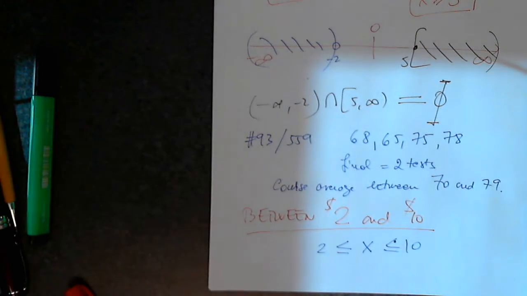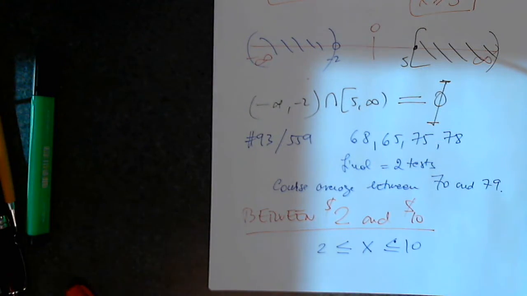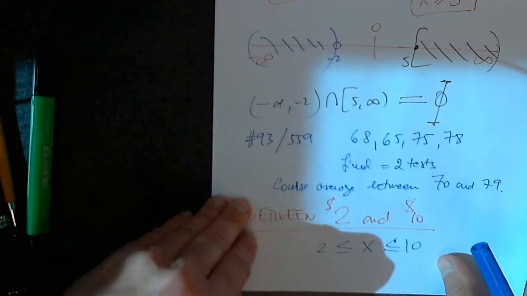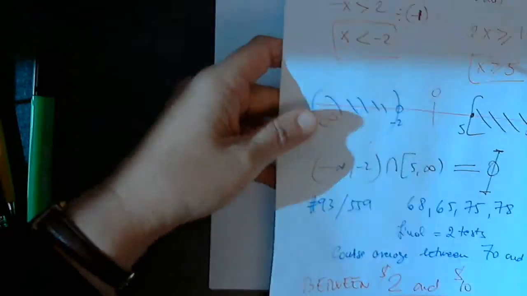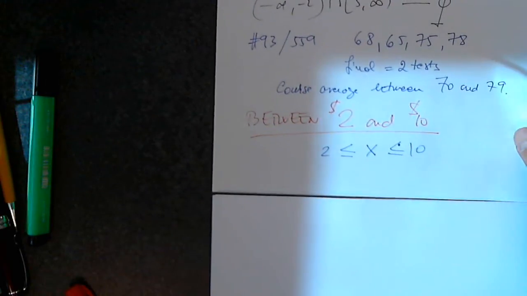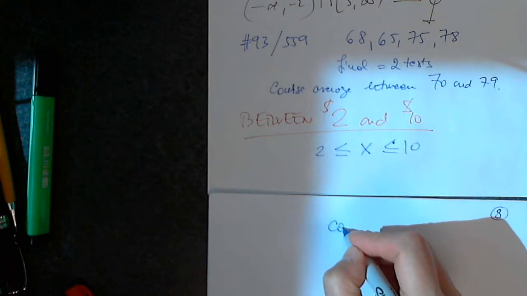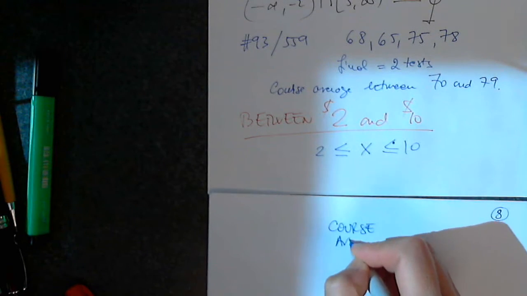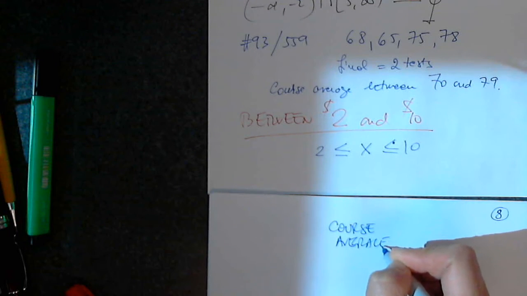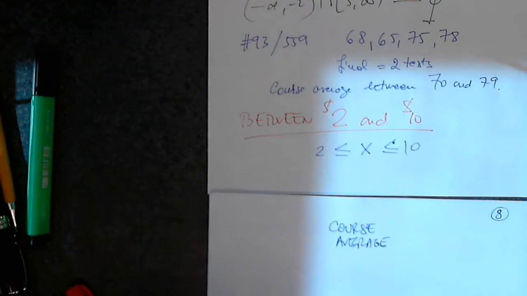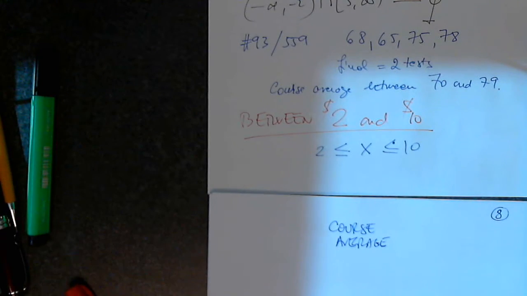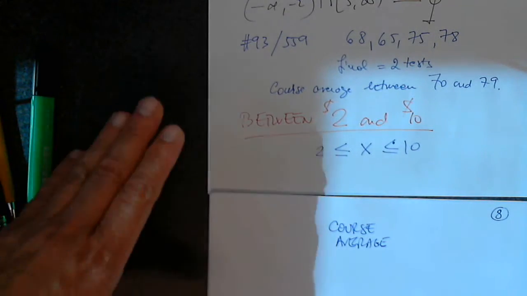So now I want the course average to be between 70 and 79. So how do I write that? Forget about the course average for a moment. We are told the course average is between 70 and 79.